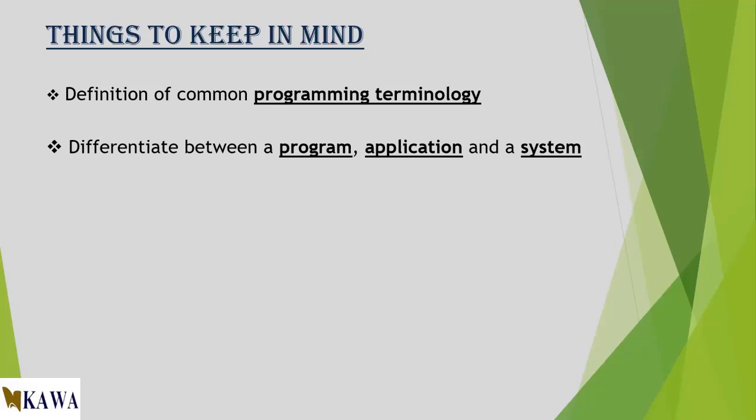We know that at least by now, you can differentiate between a program, an application, and a system. You know what we mean by that. You shouldn't use those words interchangeably or in the wrong context. Don't say I'm developing an application when whatever program you're writing has no interface that a user can use.